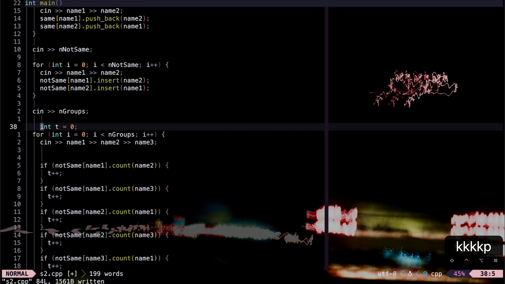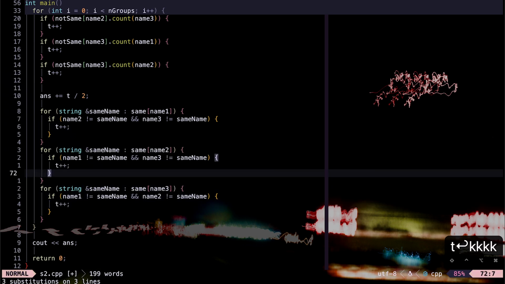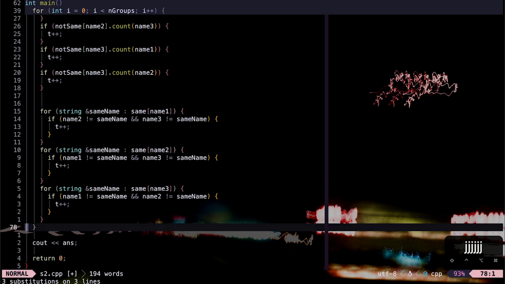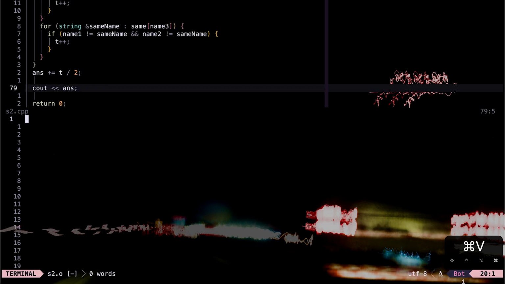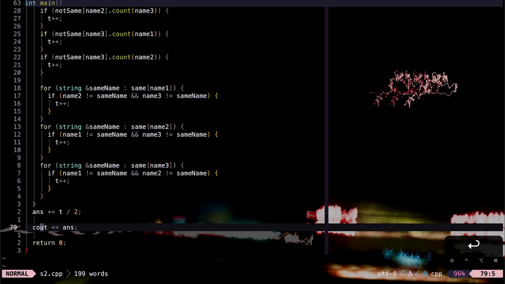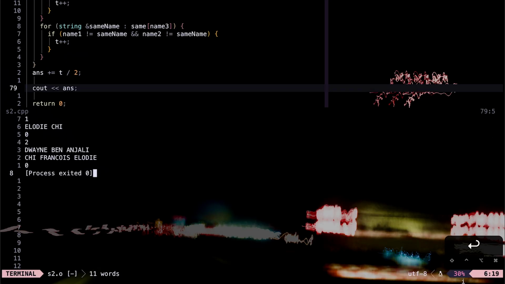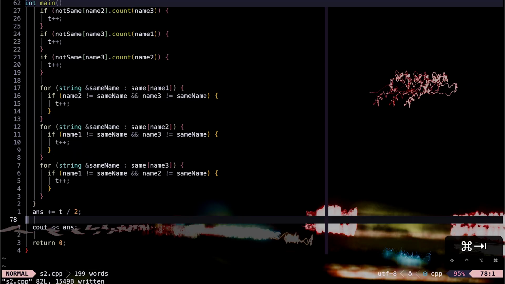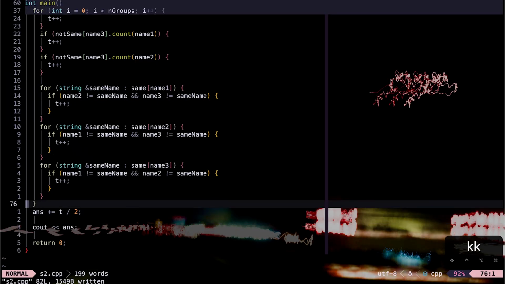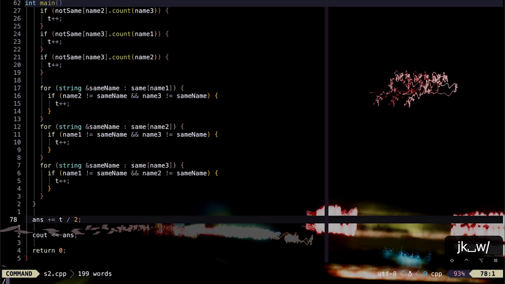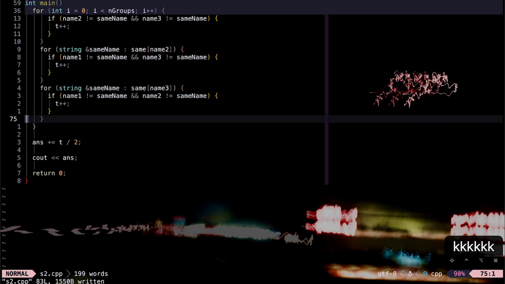So how about I just divide it all by 2. I get 3. And this one at the start, I think I still get 0. Okay. Make sure I don't have any other C out. Okay.